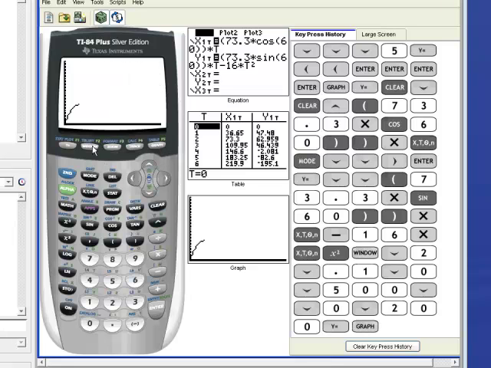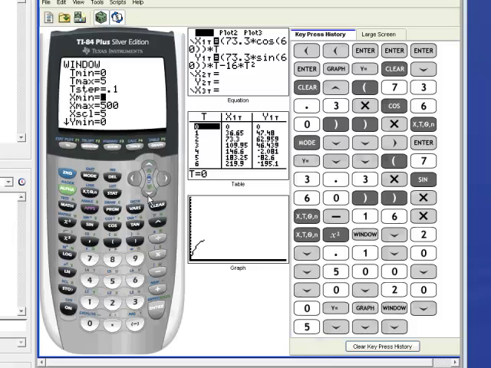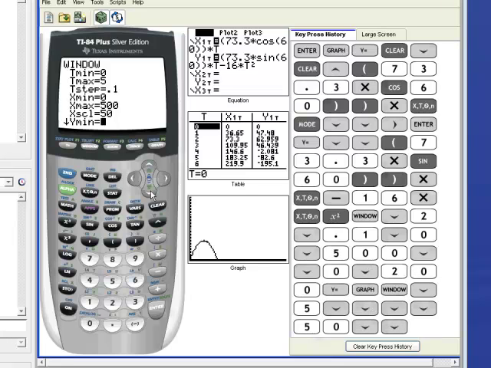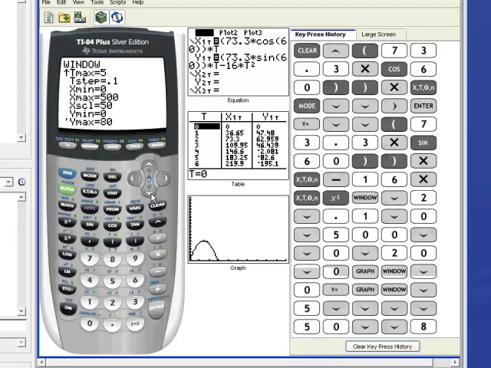Graph, and I guess 2 seconds was enough, and I can actually squeeze the graph in a little bit. So I'm going to make this 5 seconds. And the scale here, maybe 50 feet, and the maximum here, maybe 80 feet or so.